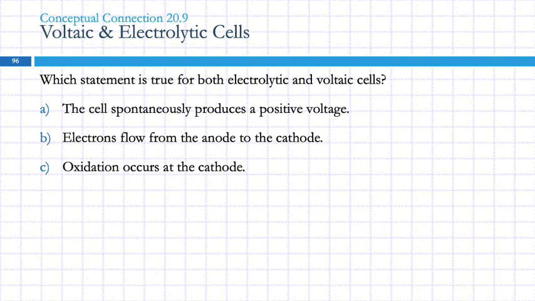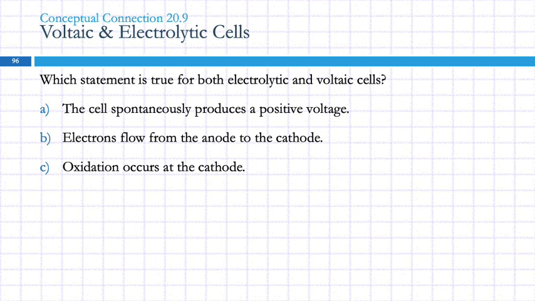Okay, which statement is true for both electrolytic and voltaic cells? The cell spontaneously produces a positive voltage. Is that true for both kinds? No. It's true for a voltaic cell. Those are the kinds we talked about that generate current, right?